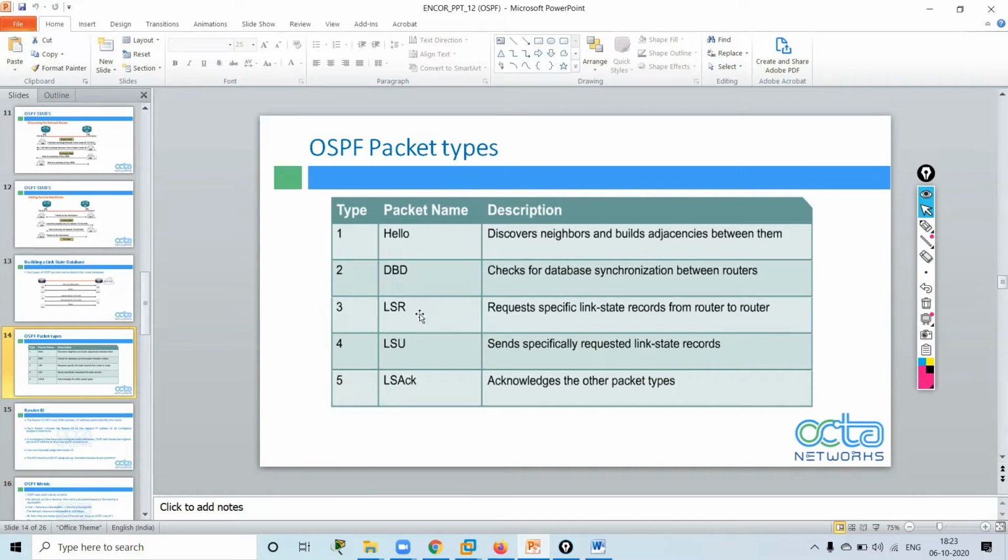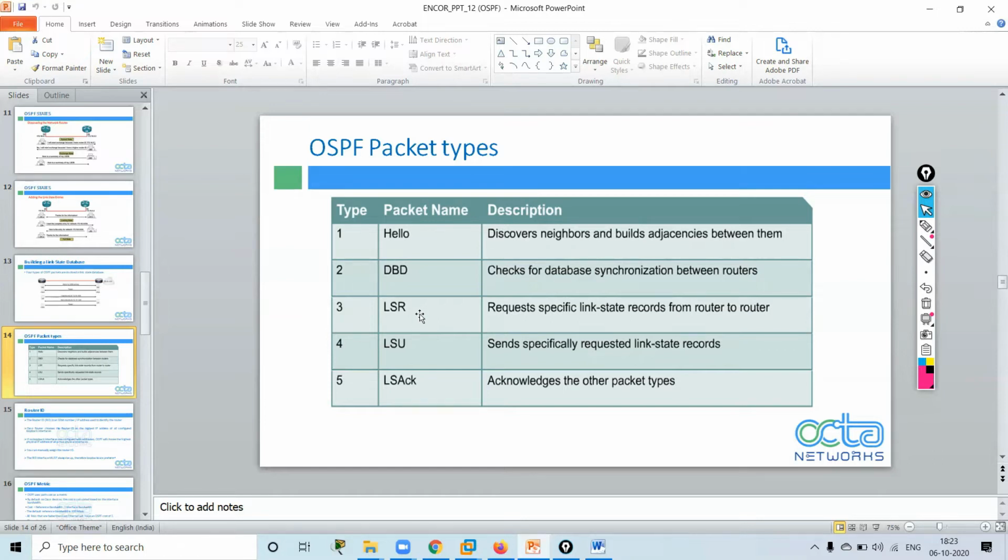DBD checks for database synchronization between routers. LSR requests specific link state records from router to router. LSU sends specifically requested link state records. LSA acknowledges the other packet types.